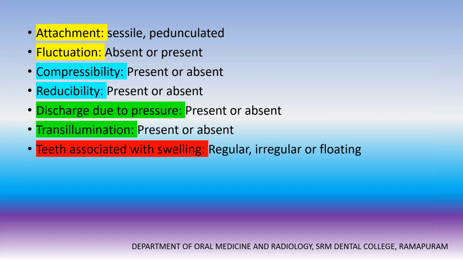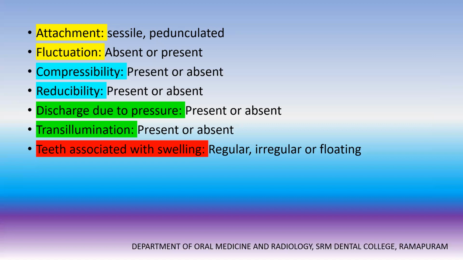Compressibility, whether the swelling can be compressed or it cannot be compressed, whether it is reducible or it is not reducible, and whether there is any discharge when we apply pressure to that particular swelling. And also transillumination has to be checked. For transillumination, we can use a small torch which can be kept on one side of the swelling and check whether the light or the shadow of the light is appearing on the other side of the swelling.